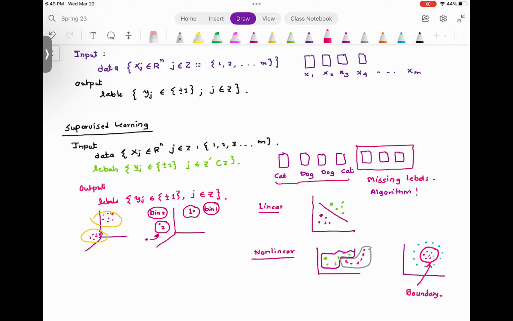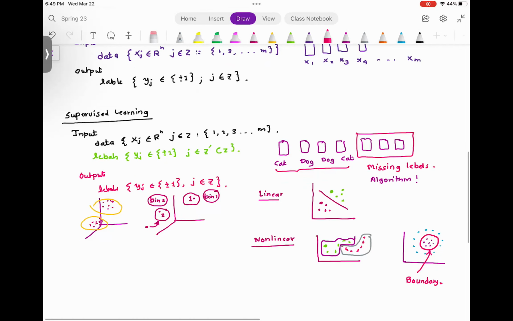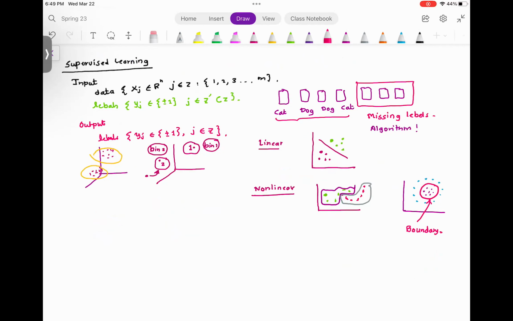Now, let's look at some simple algorithms, and these algorithms are not new. These algorithms are very widely used for data analysis. One thing I'm going to look at first is the unsupervised learning algorithms.